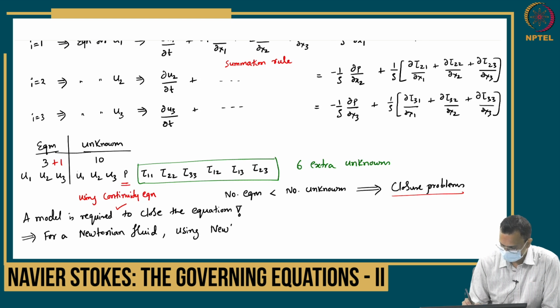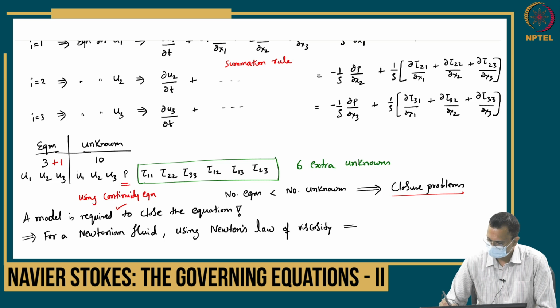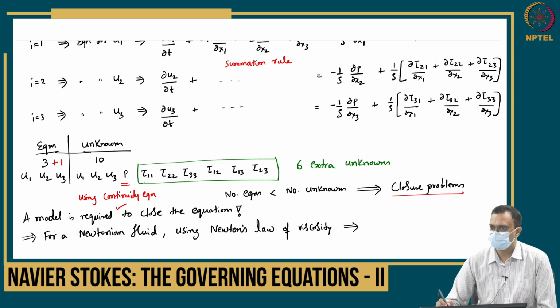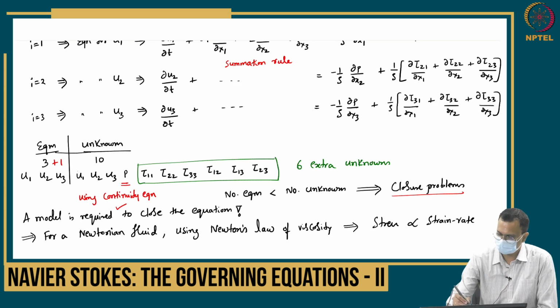So what does this model tell us? This model tells us that we can relate stress to the strain, right? Stress is proportional to the strain rate. This is the model here.